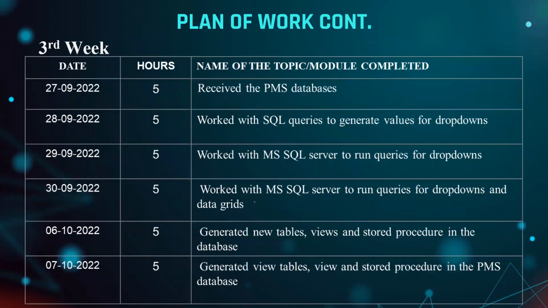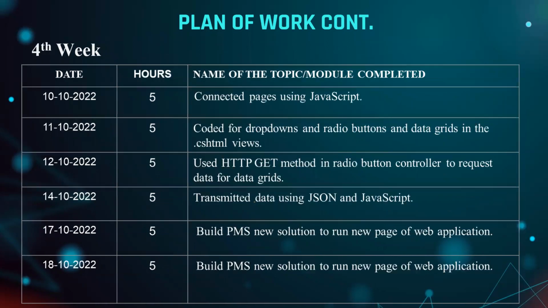In the third week, I generated new tables, views, and stored procedures in the database, and worked with MS SQL. In the fourth week, I was able to build PMS new solutions to run new pages of web applications.